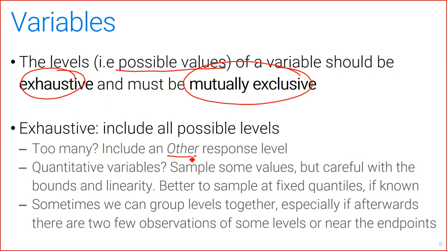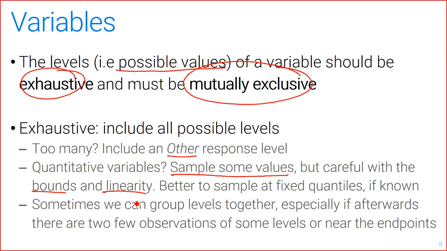What happens if you want to study a quantitative variable, something that in principle could have a very large number of levels? You can think of a number, a temperature. Then what we do is sample some values of that numerical variable. And we have to be careful with both the bounds and linearity. So if you know your variable is bounded between two numbers, then you should make sure that in your study you include numbers close to the bounds, so that you know exactly what the behavior is around the bounds.